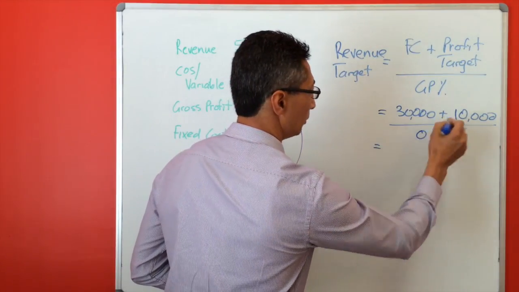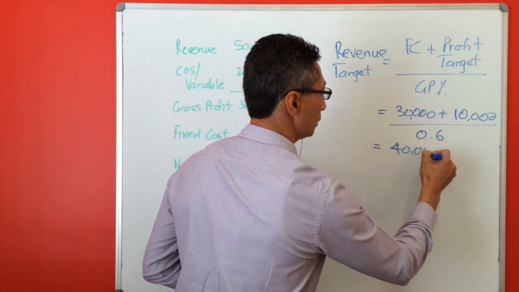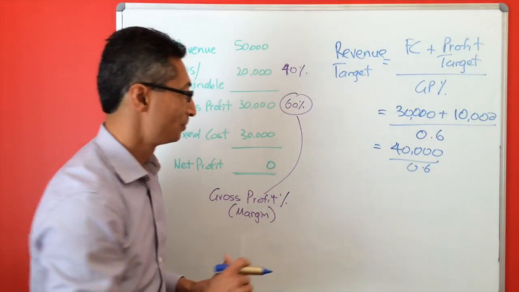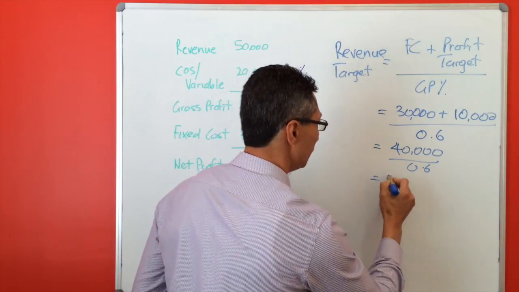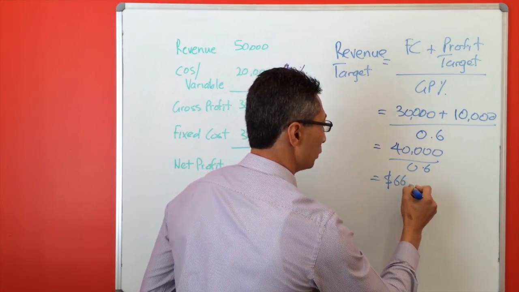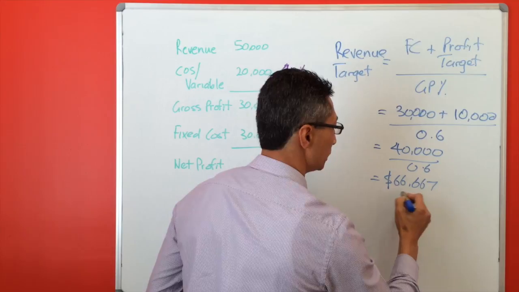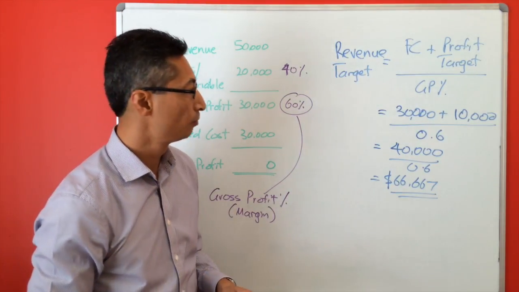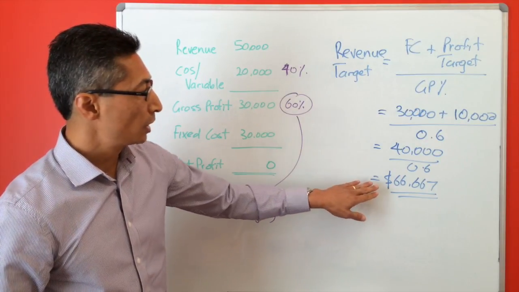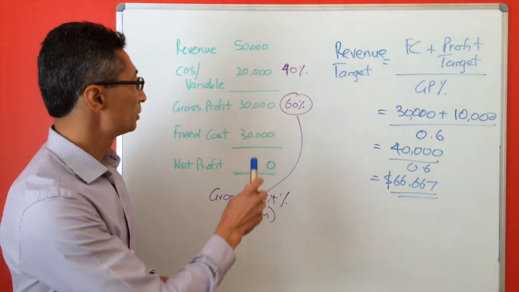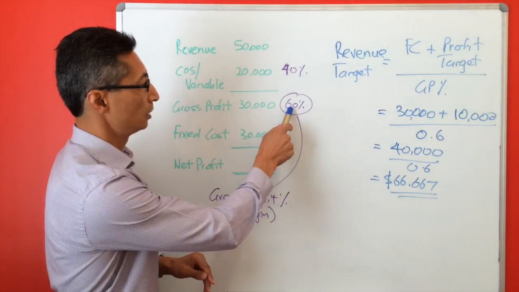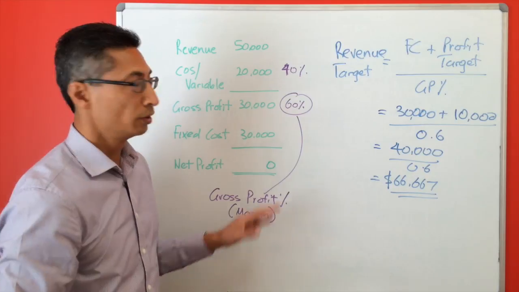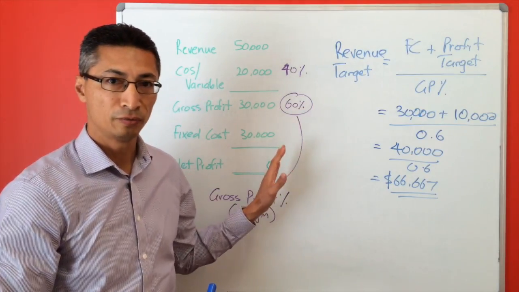So once again, that means 40,000 divided by 0.6. And I've calculated this before, that ends up being a revenue target of $66,667 per month. Now, if you take that and multiply it by the gross profit margin, and take off the fixed costs, you'll get 10,000. So have a go at it yourself.